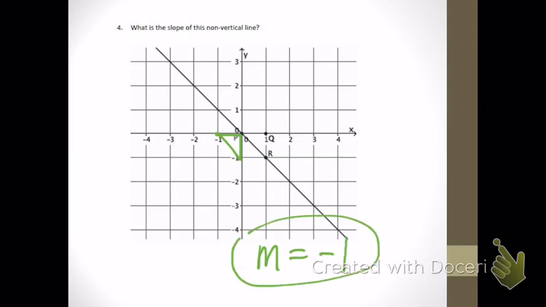And I'm reading that right off the graph, right off the y-axis here. So for a change in x of 1, the line is dropping 1, so that's the slope of -1.